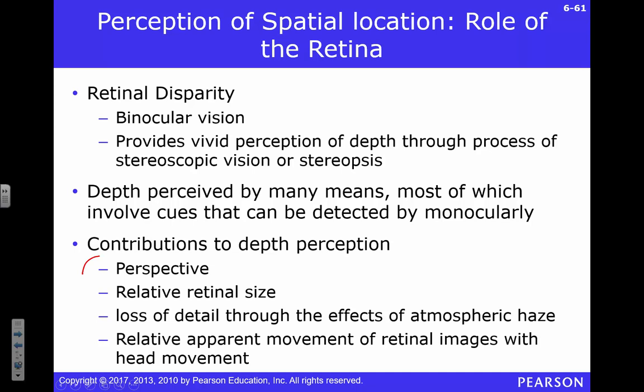So think about perspective, relative retinal size, something's bigger or smaller on your retina, details, things like that. I've always had these questions, like I wonder if somebody with wider set eyes has better spatial vision, right, or depth perception, right? You ever think about that? And then I thought, well, probably not, because you've got those other components in your brain; they're probably not adjusted for that. So, something to think about, though, right?